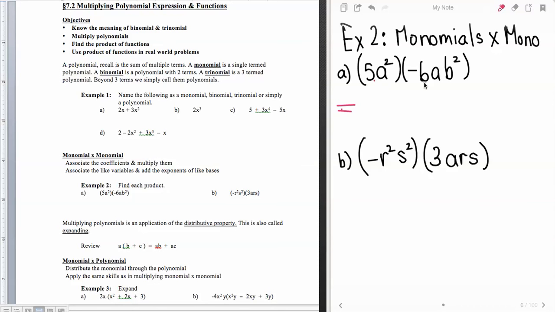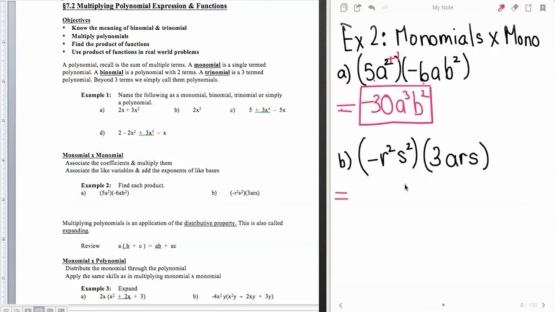So we said 5 times -6, which gave us -30. Then we associate and commute the a squared and the a to the first. When we multiply like bases, we add their exponents, so that gave us a cubed. And then the b squared, there's nothing to associate with it, so we just write it down. And that was our monomial times a monomial.